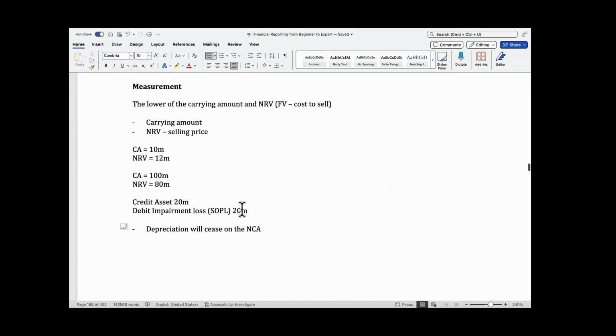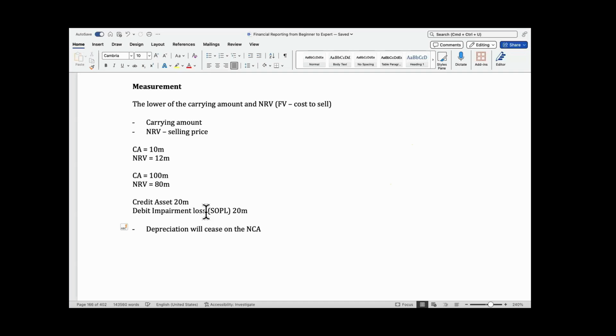And may I remind you that this impairment loss we debited: if on this same asset there was a previous revaluation surplus, you won't simply debit P&L with this impairment loss.